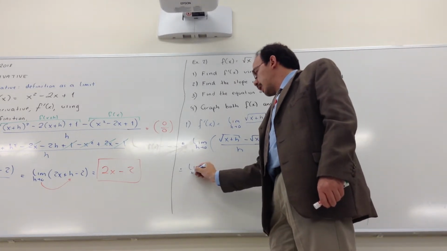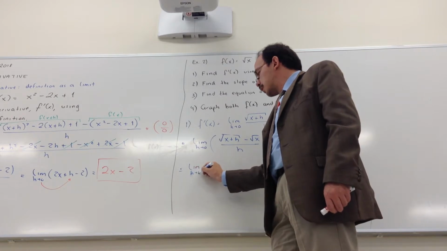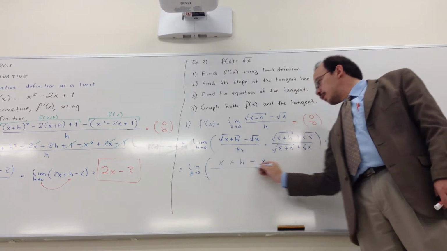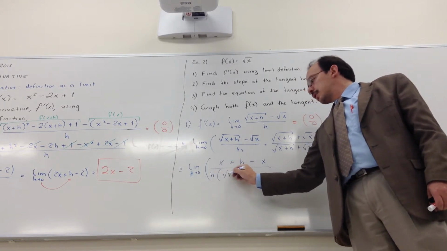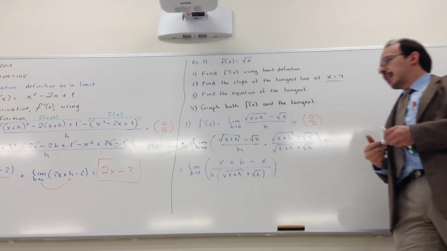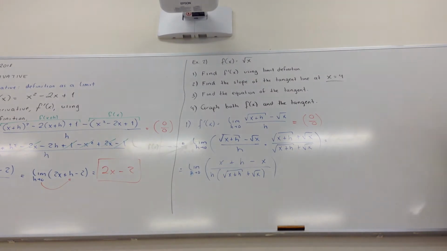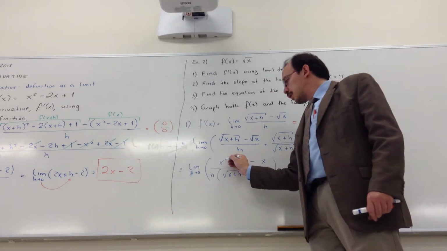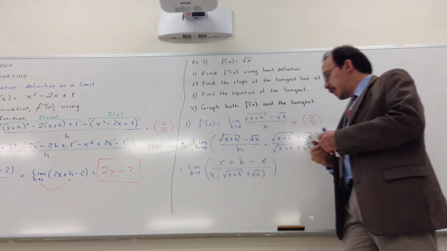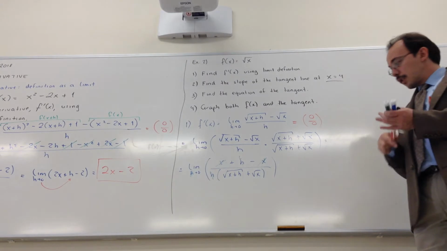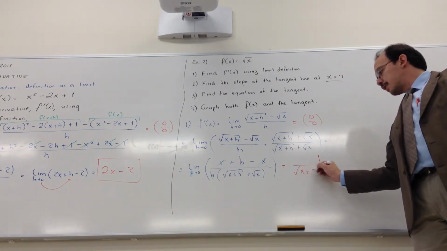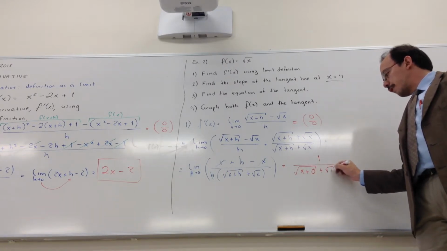Limit h approaches 0, x plus h minus x over h multiplied by 1 over square root of x plus h plus square root of x. Can I cancel something? Yes. The x's. Can you cancel the h and simplify the h's, yeah. So at the end, I just have 1 over square root of x plus 0 plus the square root of x.